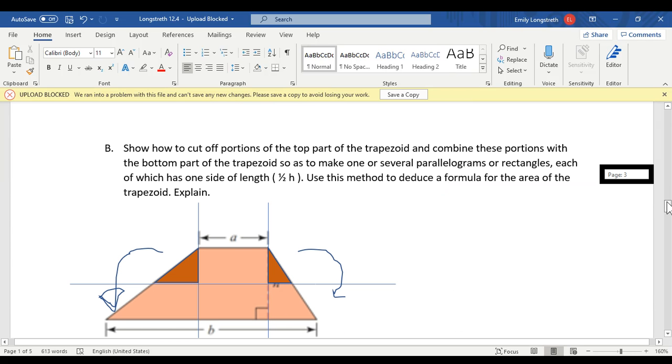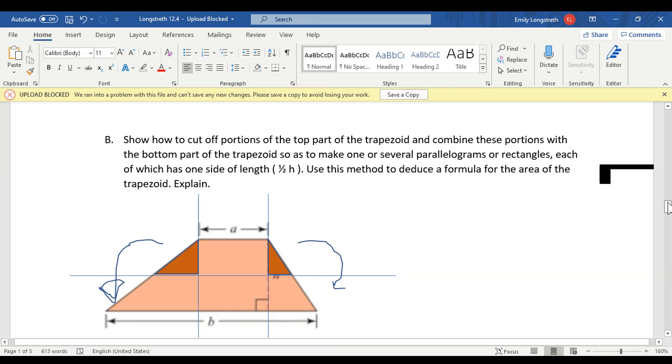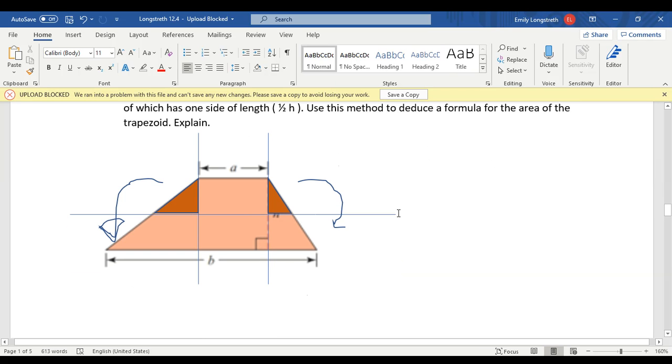Show how to cut off portions of the top part of the trapezoid and combine those portions with the bottom part of the trapezoid so as to make one or several parallelograms or rectangles, each of which has one side of length. As we can see, we need to put a line through the middle of the trapezoid.